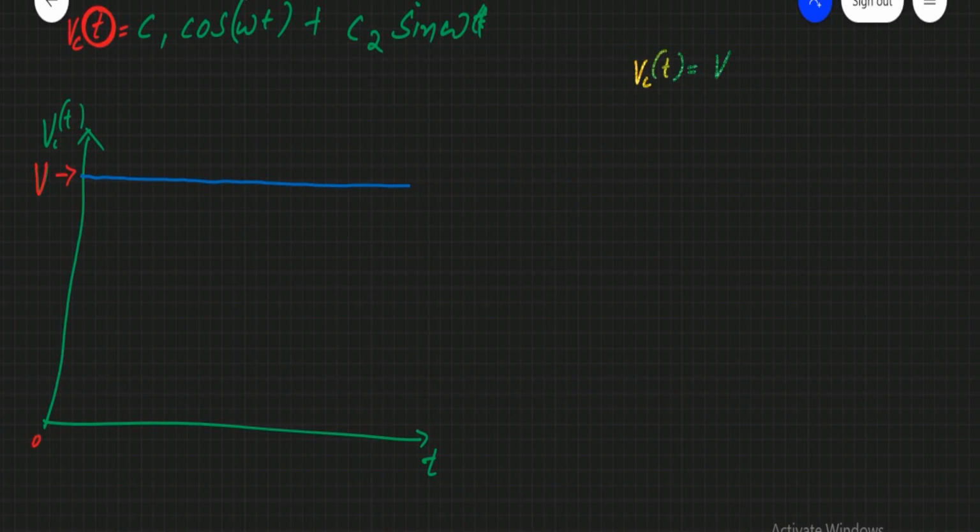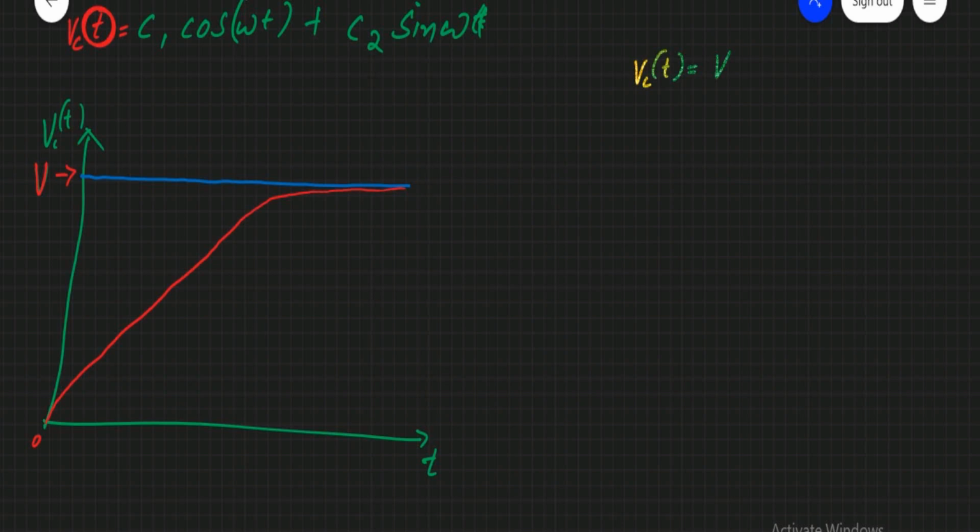So let us draw a graph for overdamped. Under the overdamped, the graph will be like this. The response will be like this. So this is for your overdamped.